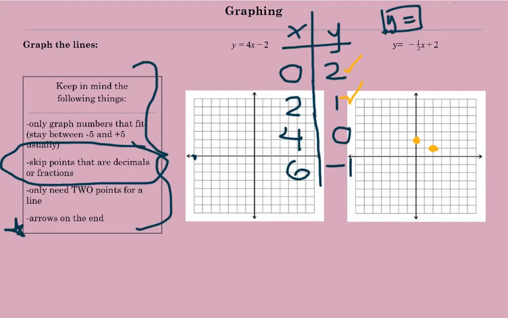Okay, let's do 4, 0. Over to 4. Ooh. And then 6, -1. Last, connect them as best you can and put some arrows on it.